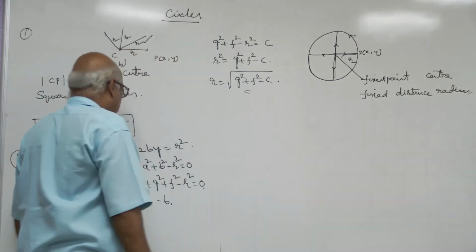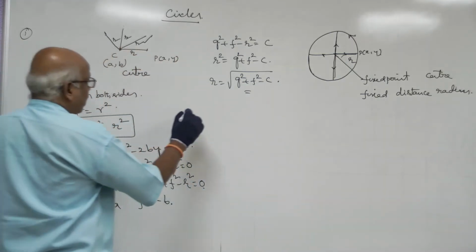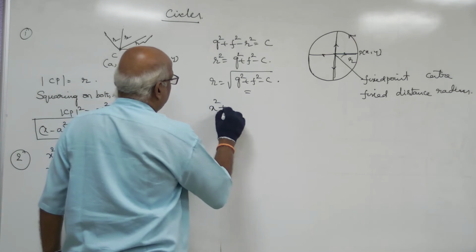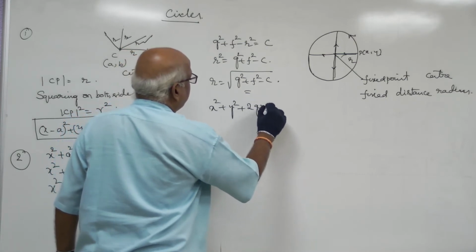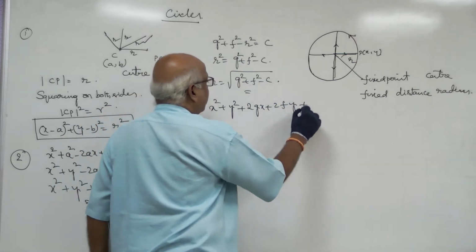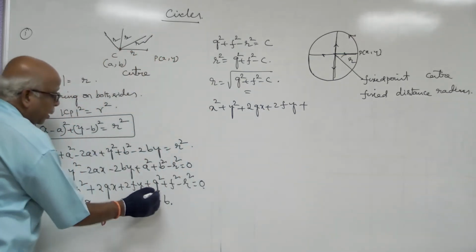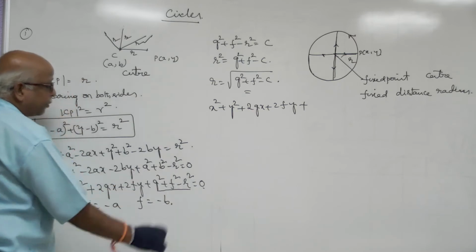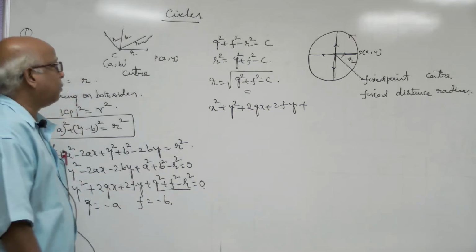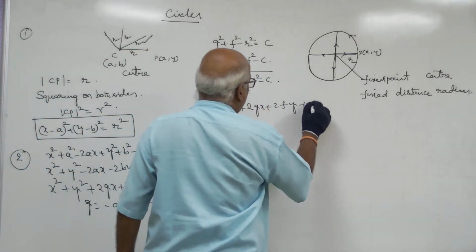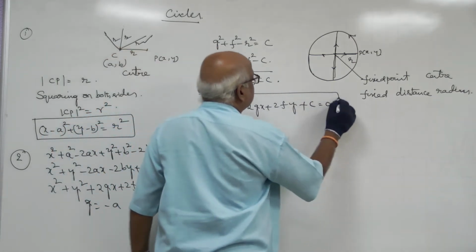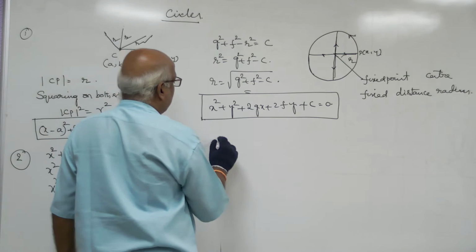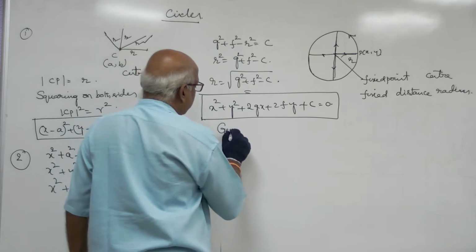So I will rewrite this once again: x square plus y square plus 2gx plus 2fy plus c equals 0, where in place of g square plus f square minus r square, I put the constant c. This is called the standard form of the circle, or the general equation of the circle.